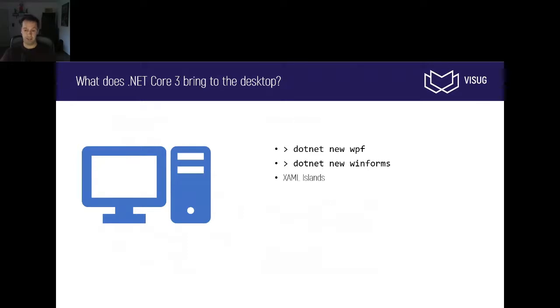We also get XAML Islands. And for those of you who haven't heard of it, XAML Islands is a feature where we can use the modern UWP controls, the modern XAML controls, and we can take those and put them in a WPF and even a WinForms application. And I will show you this in a demo.